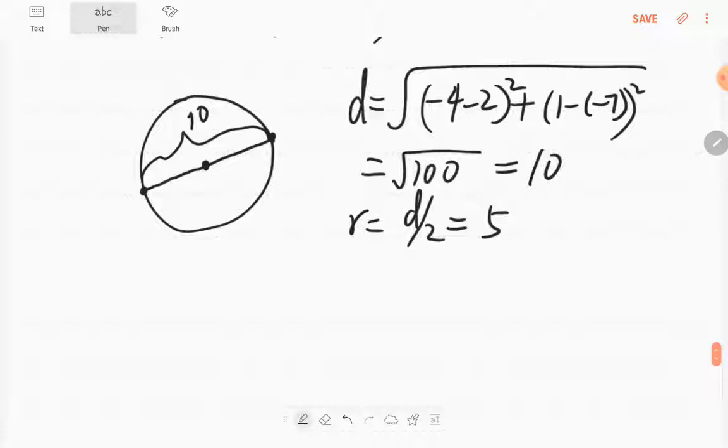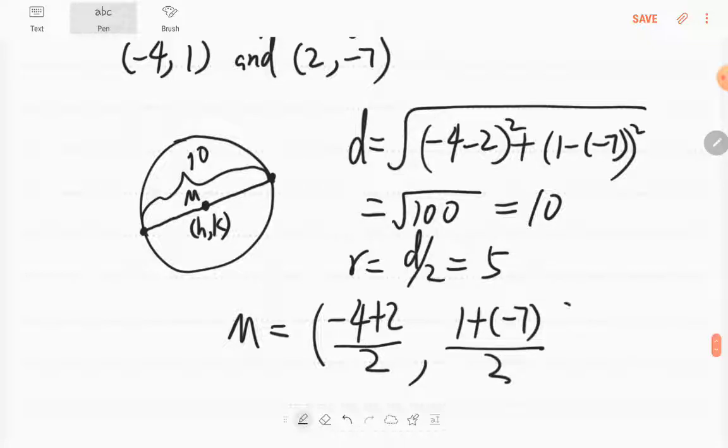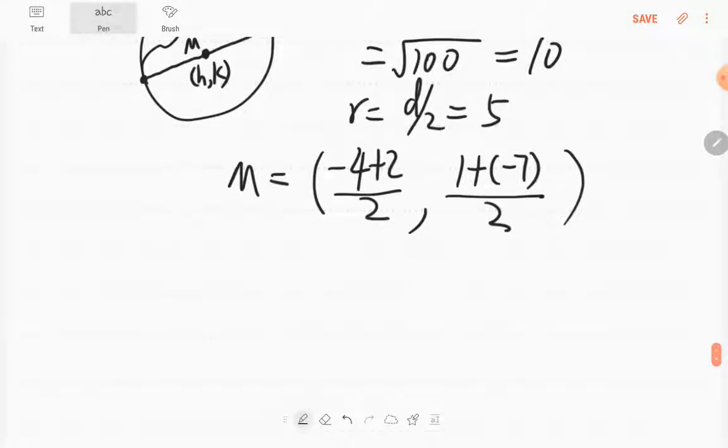And the center h, k, we notice that this center is actually the middle point of these 2 points, right? So this middle point, we denote by m. The m is equal to the middle point of these 2 points. So the middle point is the average of the x coordinates and the average of the y coordinates. So it becomes negative 1 and negative 3. So this is the center.